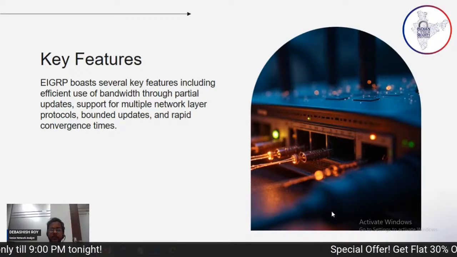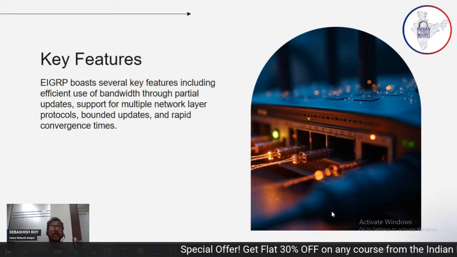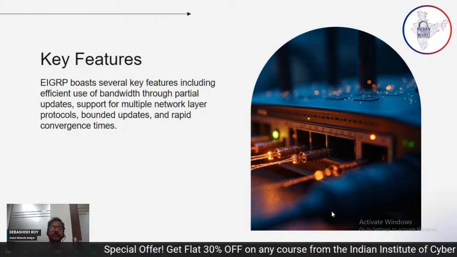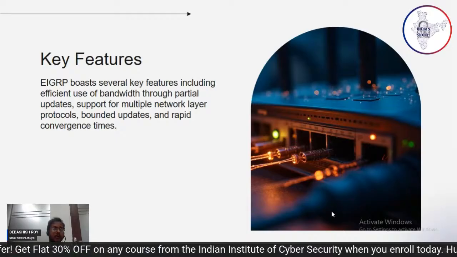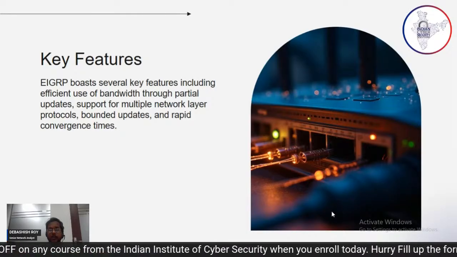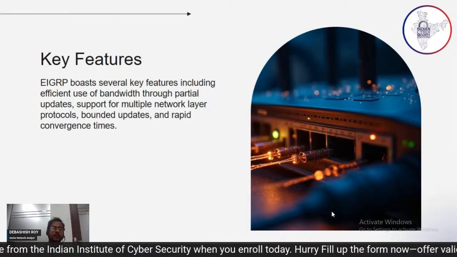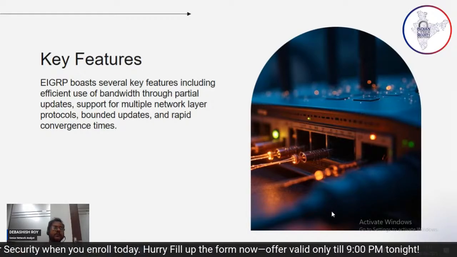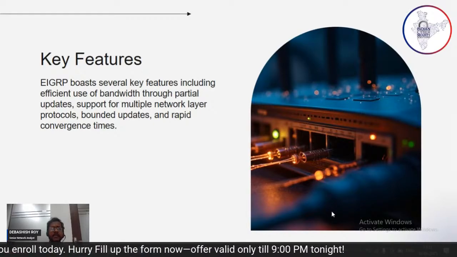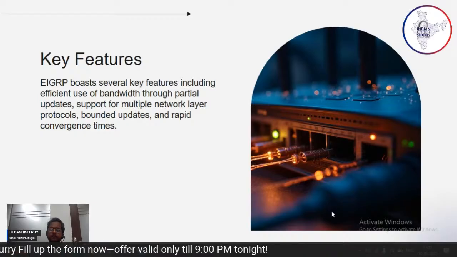It supports multiple network layer protocols like IP and IPX, through a feature known as the protocol independent module, along with bounded updates and rapid convergence times. It converges or synchronizes very rapidly, and EIGRP is the fastest protocol you can say.